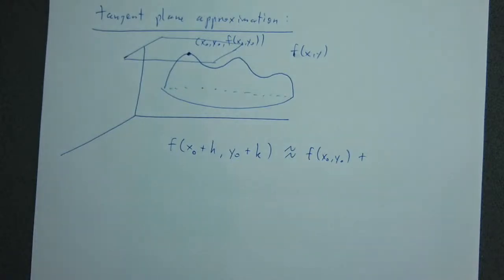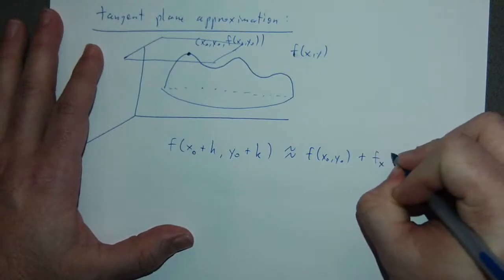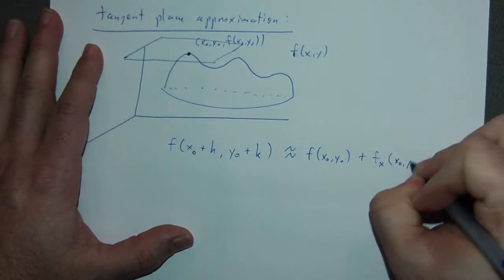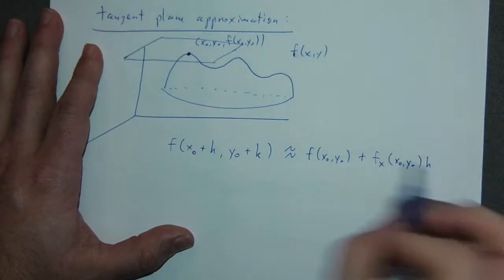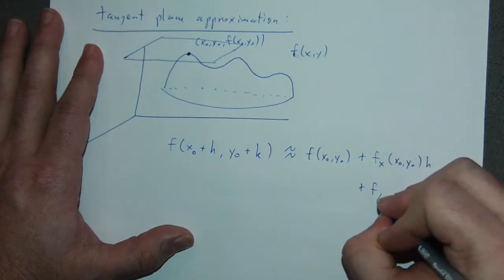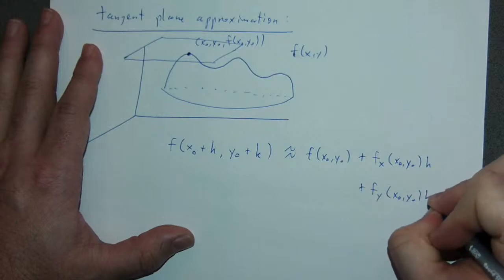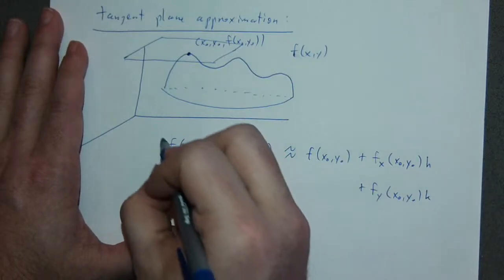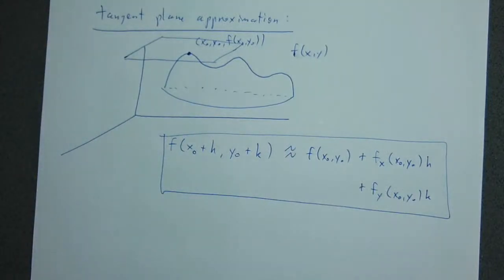Well, it's exactly as you expect. I would have that this is plus f sub x at x naught, y naught times h, so times the little bit in the direction of x, plus f sub y of x naught, y naught times the little bit in the direction of y. And that's it. Okay, so nothing more fancy than that is going on.